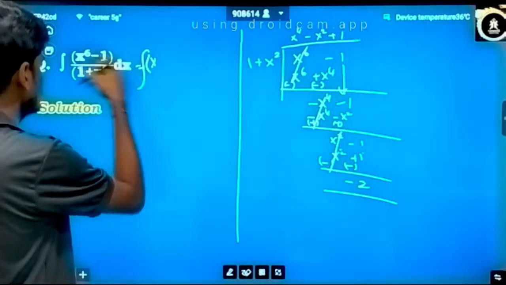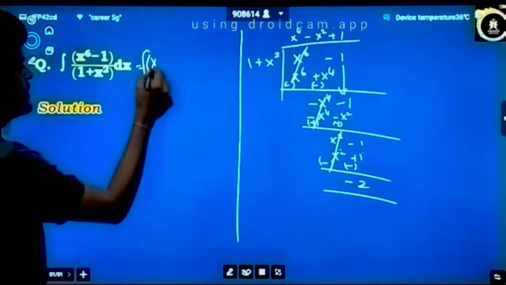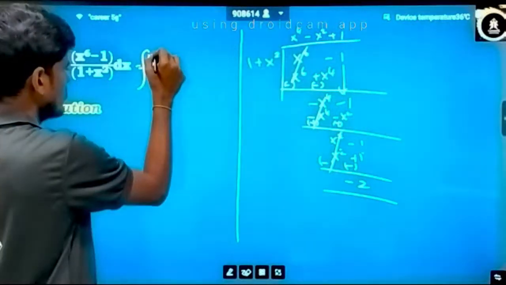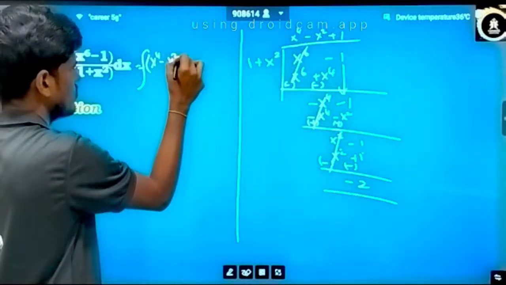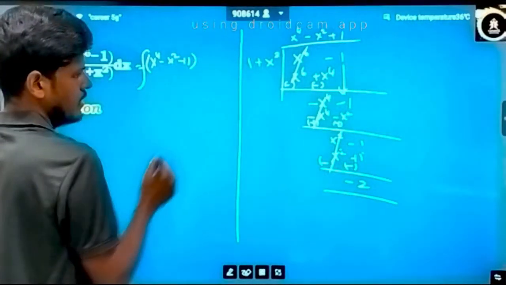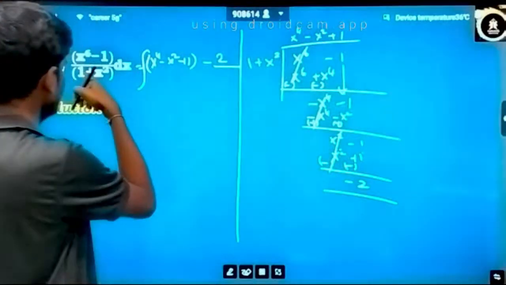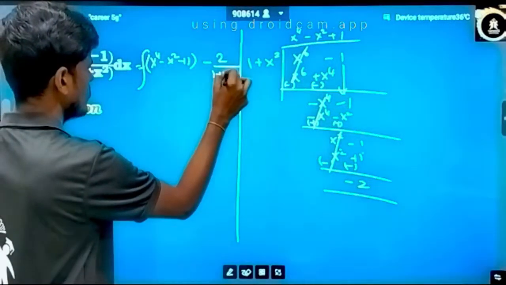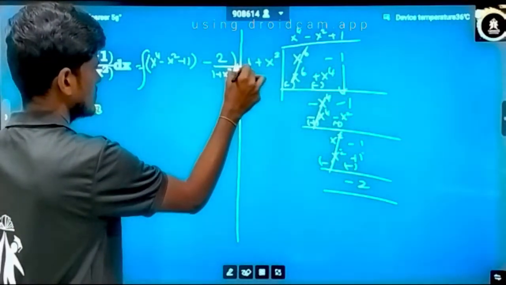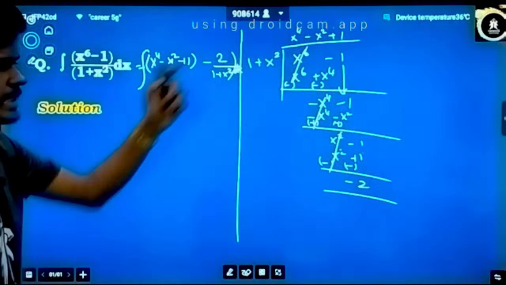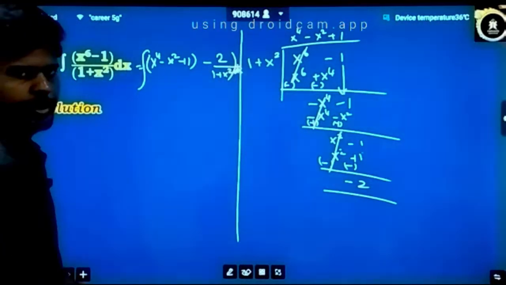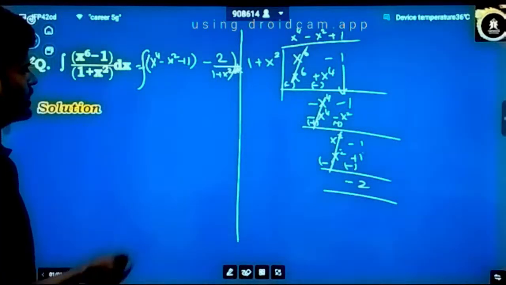Integral of, we can split this given question as x power 4 minus x square plus 1 minus 2 times divided by this denominator 1 plus x square dx. Now we can directly integrate, split into different integrals and directly find the value.